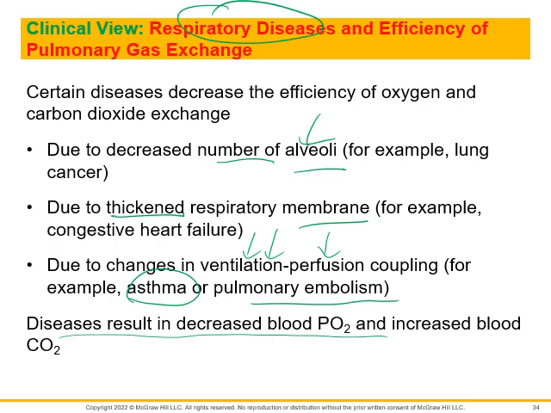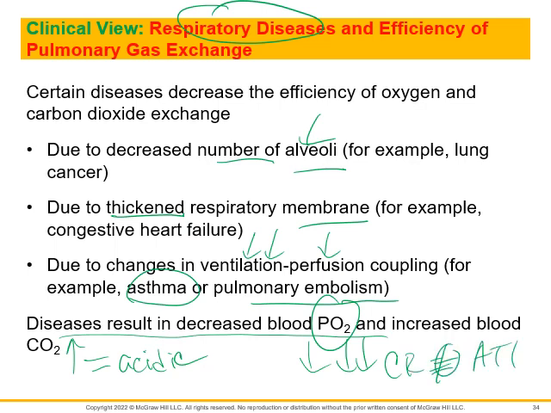So disease results in decreased oxygen levels and increased CO2. And CO2 makes your blood acidic, and obviously decreased oxygen is bad for cellular respiration, and it limits the amount of ATP that you can use. And remember, ATP is there to cause all of our muscles to contract and all of our neurons to fire. So big problem.